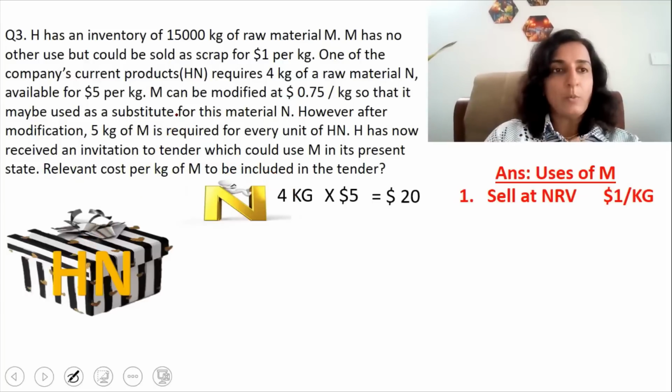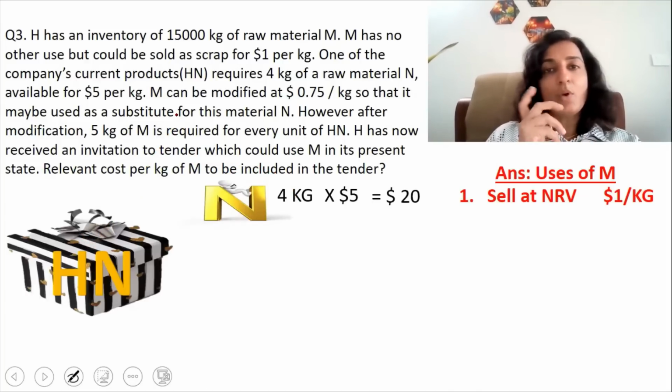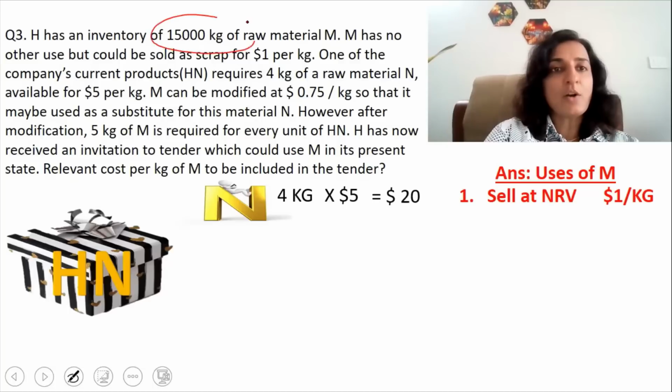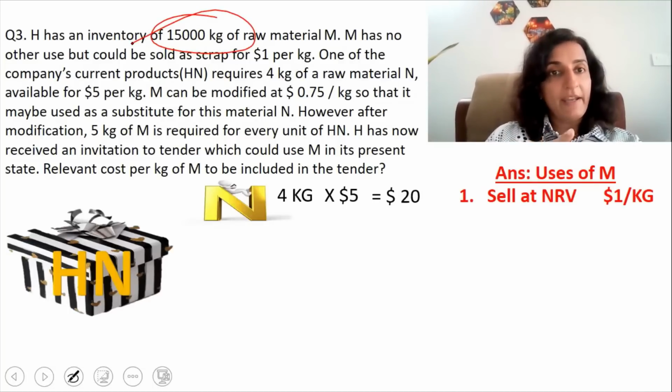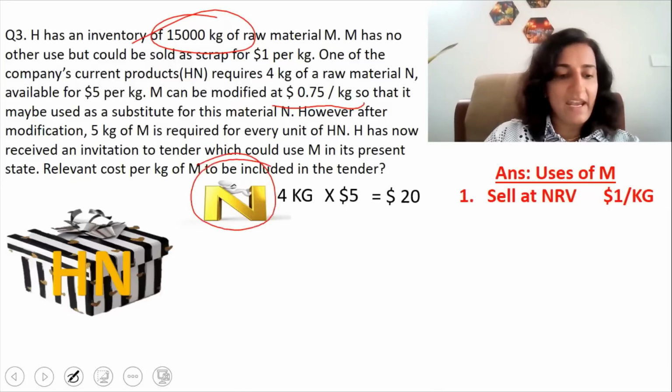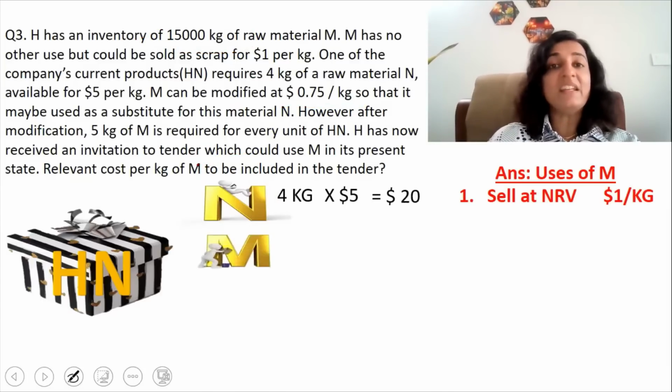Okay. Now, M. What is M? Our existing stock of raw material, 15,000 kg. M can be modified at $0.75 per kg, which means that instead of using N, we can use raw material M, but it requires a modification charge of $0.75.